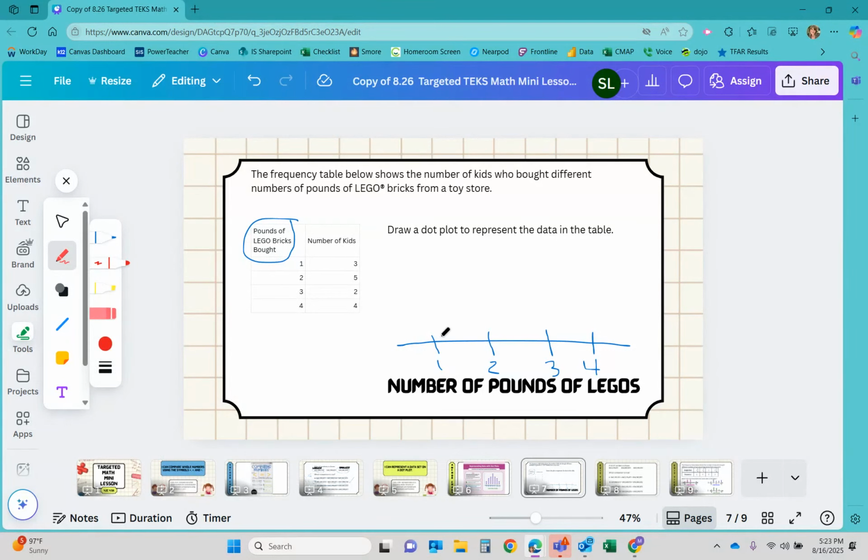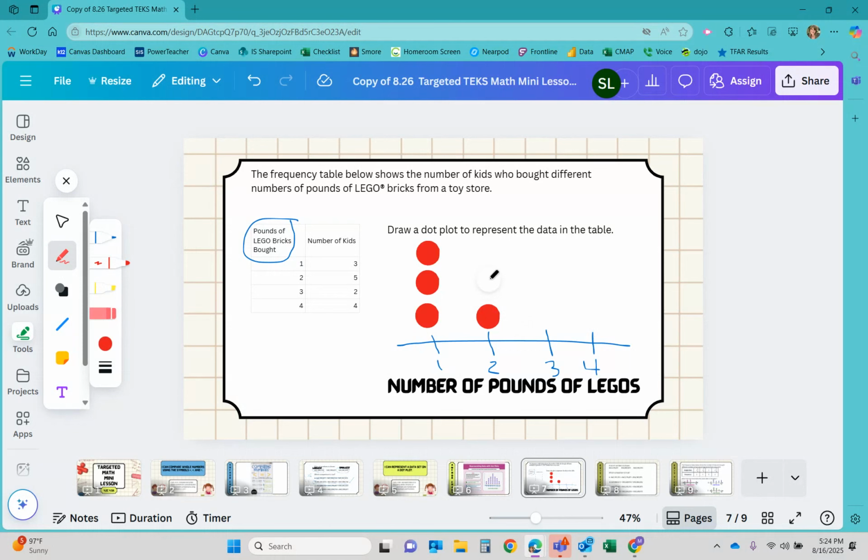So I have 1 pound of Legos and 3 kids bought that. So I'm going to say 1. That really needs to be bigger, doesn't it? Here we go. 1, 2, 3. And this is going to be really large for this next one. So for 2 pounds, we had 5 kids that bought it.